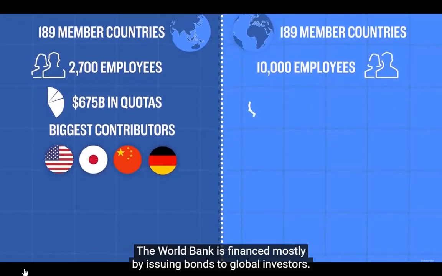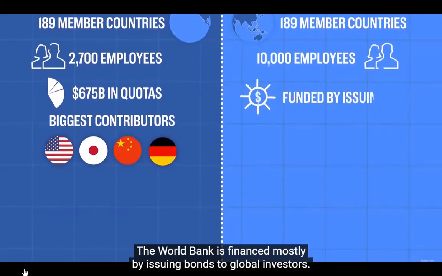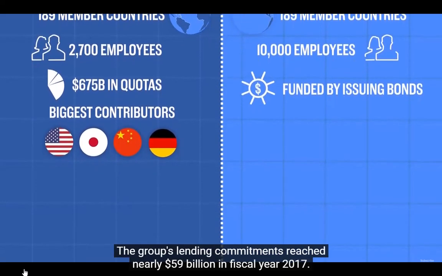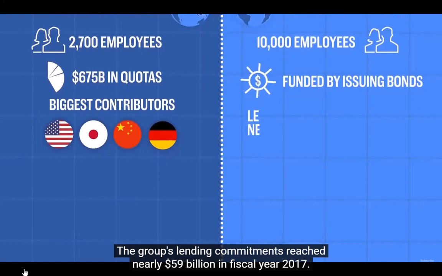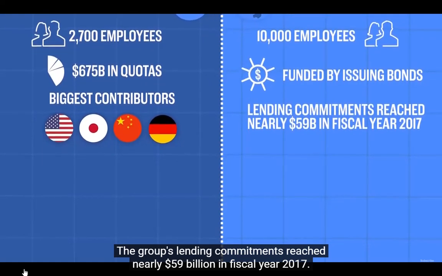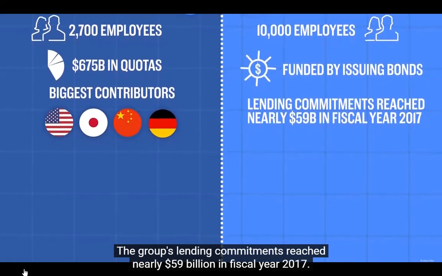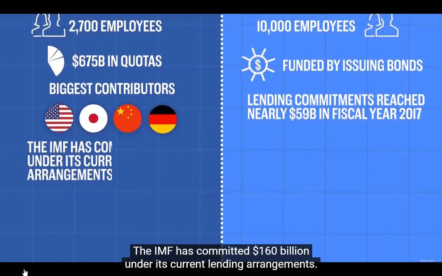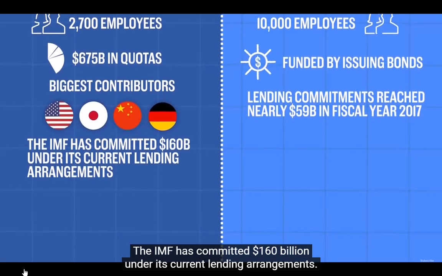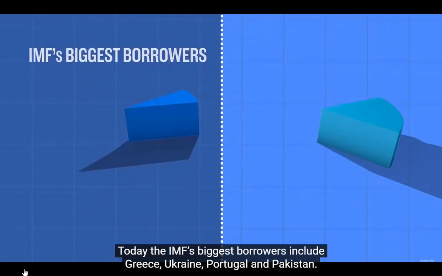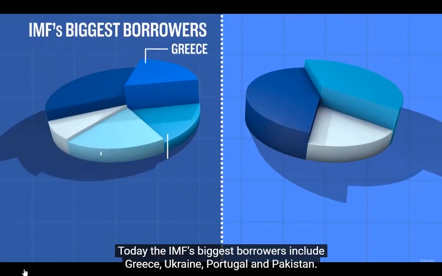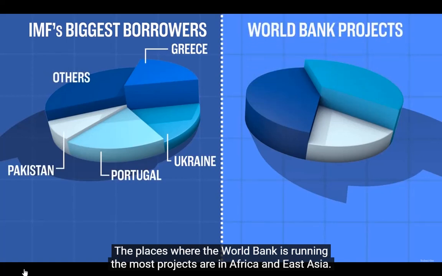The World Bank is financed mostly by issuing bonds to global investors. The group's lending commitments reached nearly $59 billion in fiscal year 2017. The IMF has committed $160 billion under its current lending arrangements. Today, the IMF's biggest borrowers include Greece, Ukraine, Portugal, and Pakistan. The places where the World Bank is running the most projects are in Africa and East Asia.